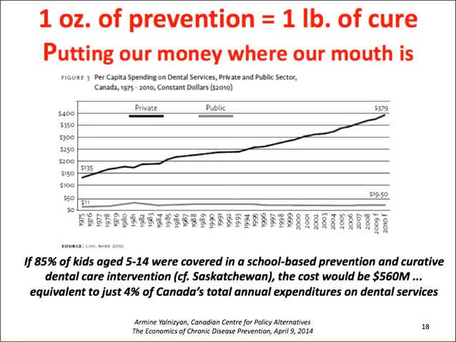If 85% of children aged 5 to 14 were covered in a school-based prevention program, which was what happened in Saskatchewan from 1979 to 1982, replicated in Manitoba, not driven by dentists, driven by dental technicians going to the school, providing primary care, and teaching kids about oral hygiene. If we did that, we would be spending about $560 million and saving about $4 billion of our projected expenditures. We know how to do this.